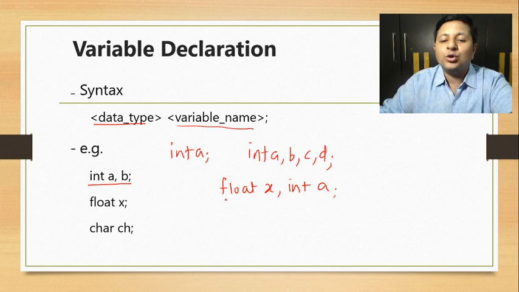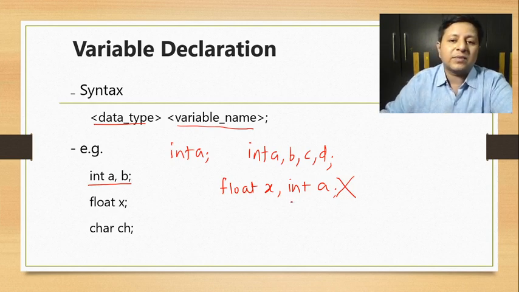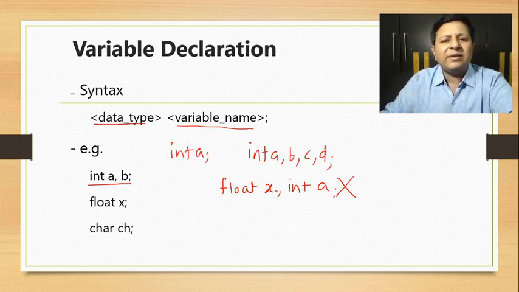I'm telling you that if you do this, it is going to be invalid, because I cannot combine two variable declarations of different types together. If instead of this comma I put a semicolon here, having them on a single line is not a problem, but they must be separated by a semicolon because they are variable declarations of two different types. Similarly, I can make use of char ch or even double x or something like that. So every data type which is given can be used to declare a variable.